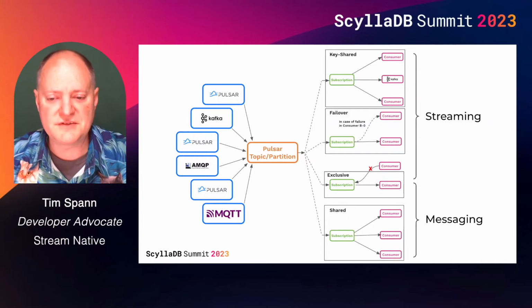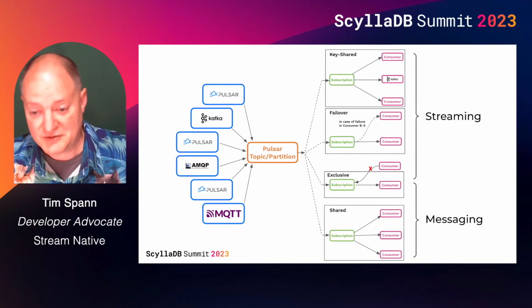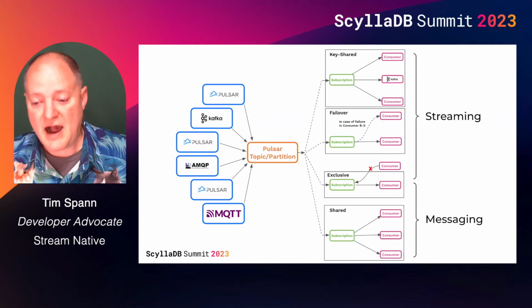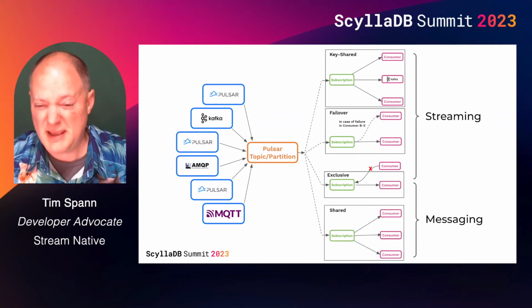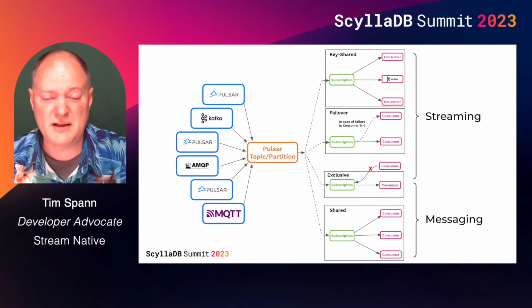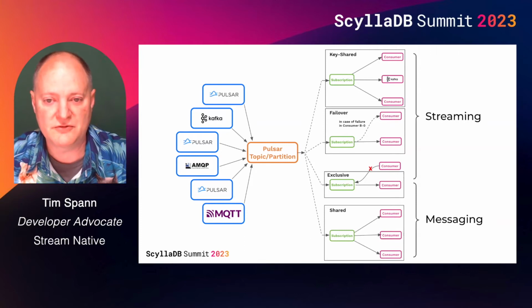If you want to have someone grabbing all the messages as fast as possible, don't care about the order, do exclusive. That keeps other people from looking at your data. Let them get their own subscription. It's like Netflix. Don't let 12 people use your same account. Shared, I want to do a work queue. Get me every message as fast as possible. Maybe I'll spin up 10,000 consumers, as many as I can do in my environment.